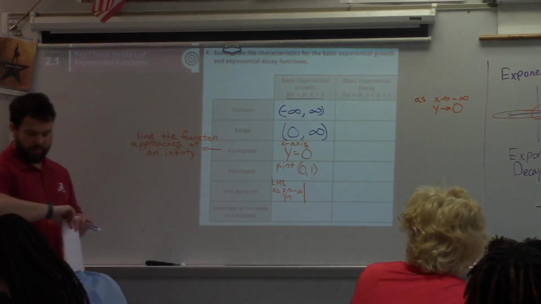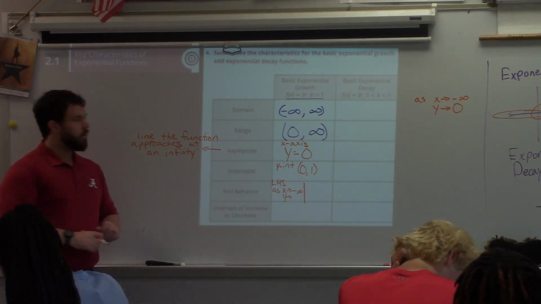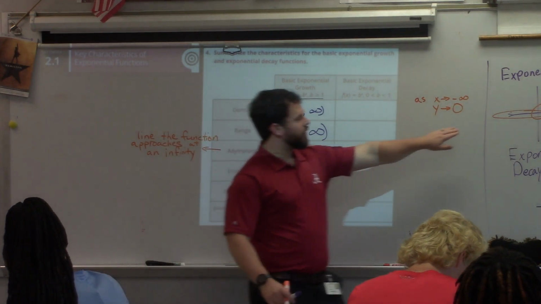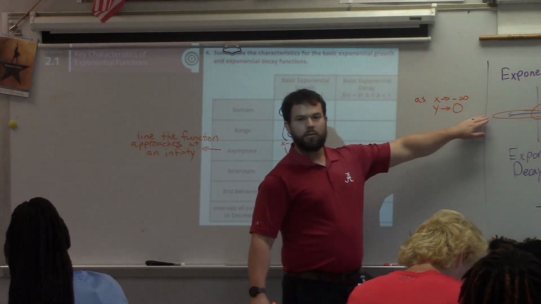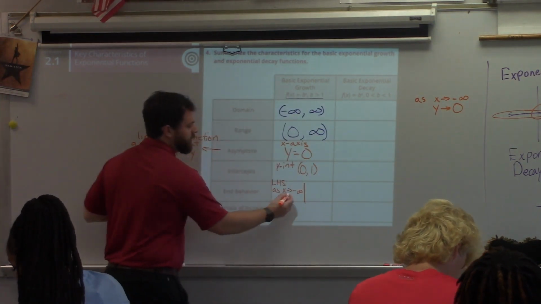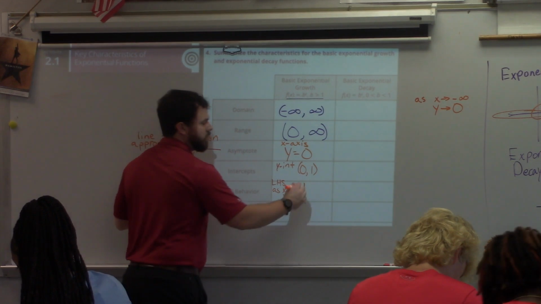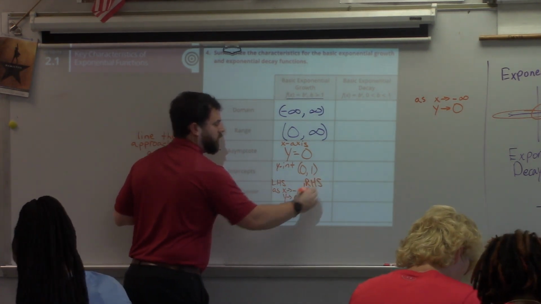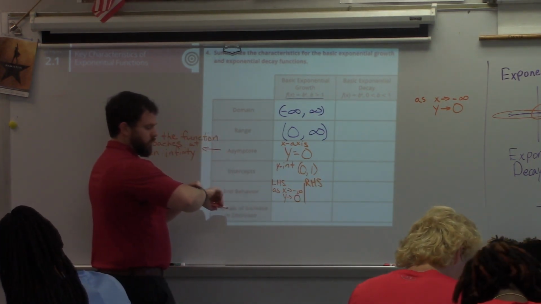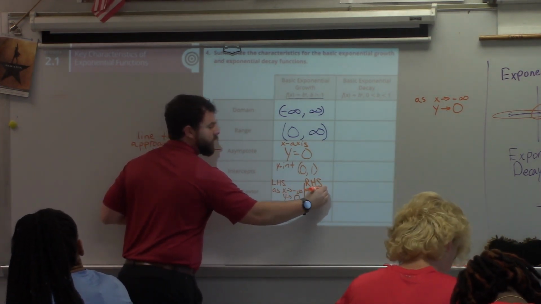And we already talked about the left-hand side end behavior. As x goes towards negative infinity, what is y approaching? 0. So on the left-hand side, as x goes to negative infinity, y goes towards 0. On the right-hand side, what is x approaching?